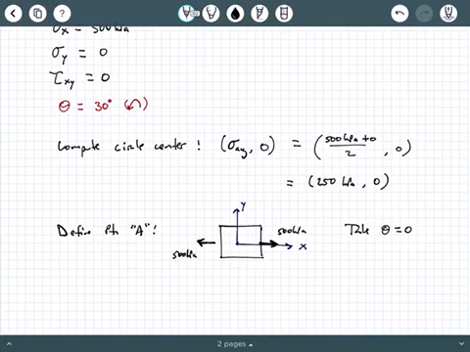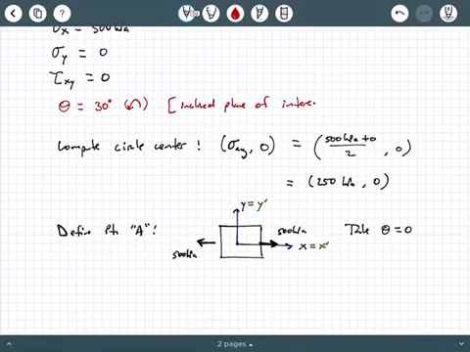On this element, we showed the applied stresses, 500 kPa, 500 kPa. When we defined point A, we said take theta equals 0. We're just specifying that the global axes correspond with the local axes, so y equals y prime and x equals x prime. These are our first definition of the point.